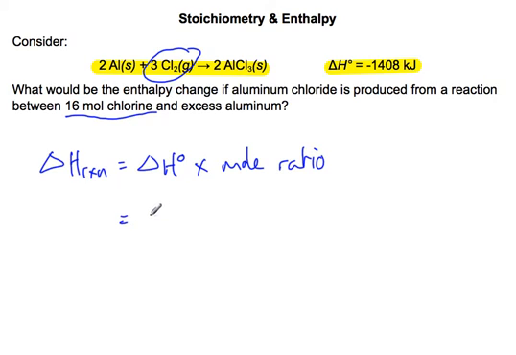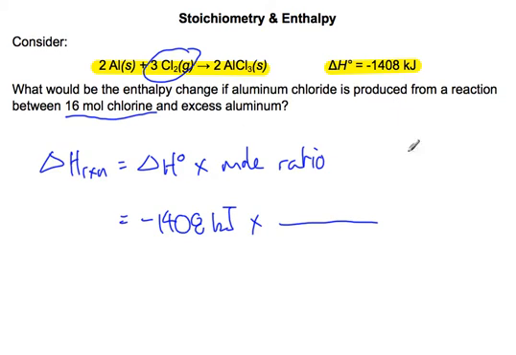Don't forget the sign; it's critical in thermodynamics. Our ratio is moles of chlorine we have over moles of chlorine in our reaction, 3 moles of Cl.